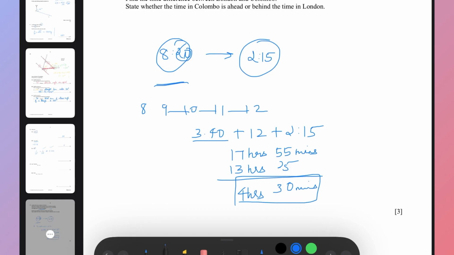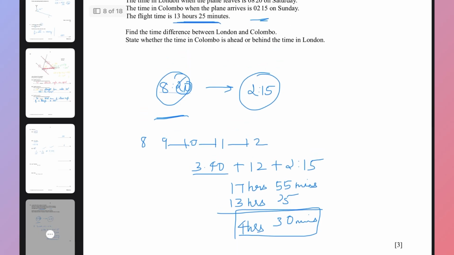Okay. Now, state whether the time in Colombo is ahead or behind London. That is the question. So it's very simple. When you subtracted, you got 4 hours 30 minutes, and it was 17 hours 50. So when you find the actual difference, it should be exactly 13 hours 25 minutes. But it was going ahead of it.